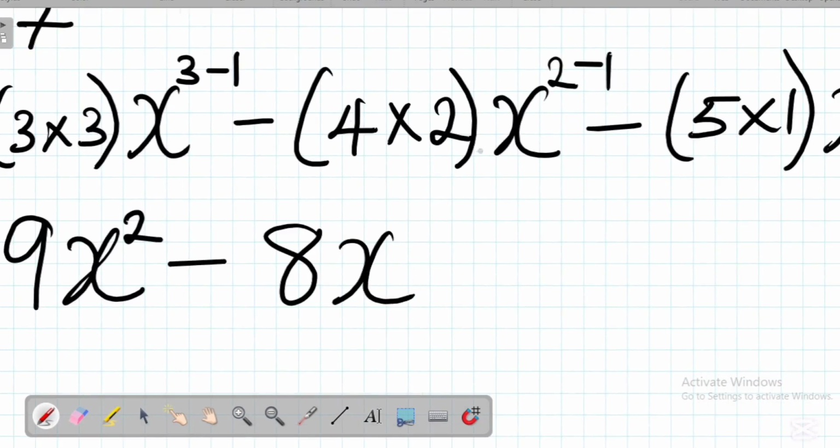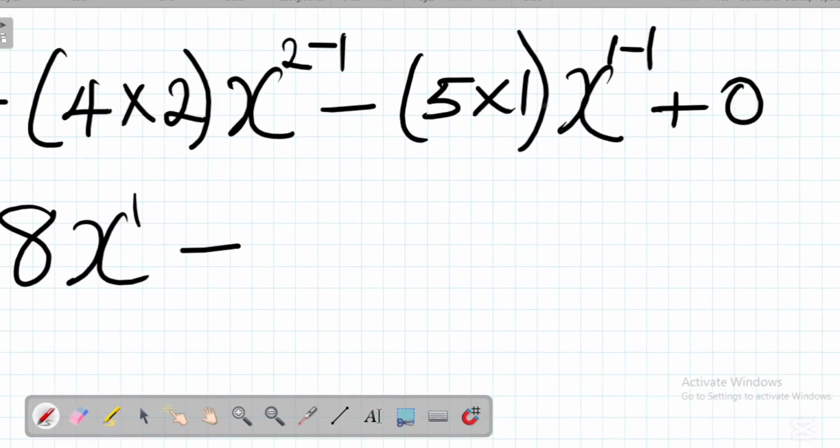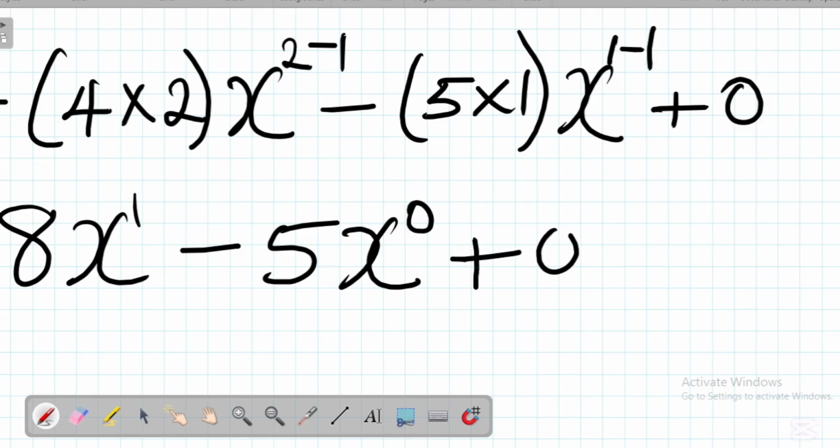Attach x, 2 minus 1 is 1, minus 5 multiplied by 1 is 5. Attach x, 1 minus 1 is 0, plus 0.